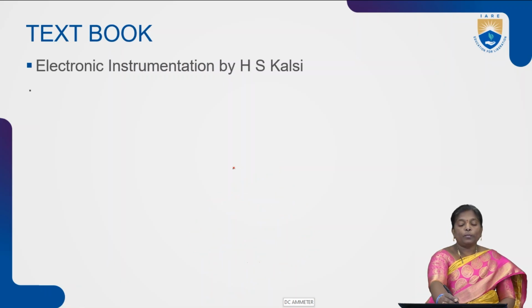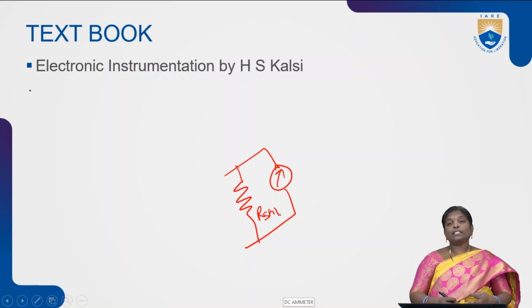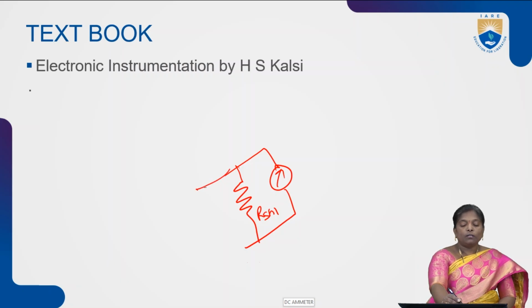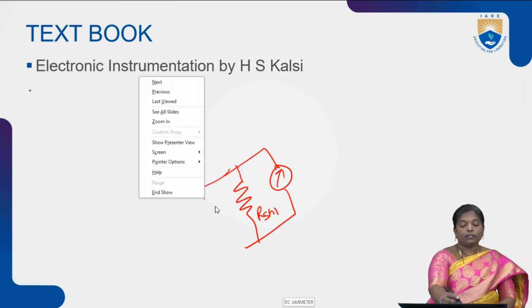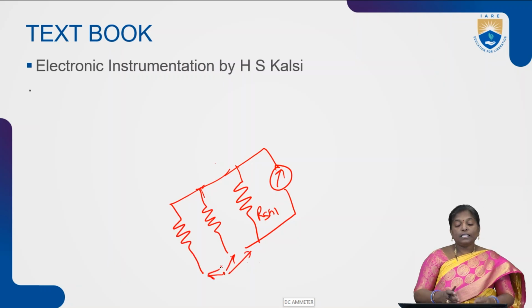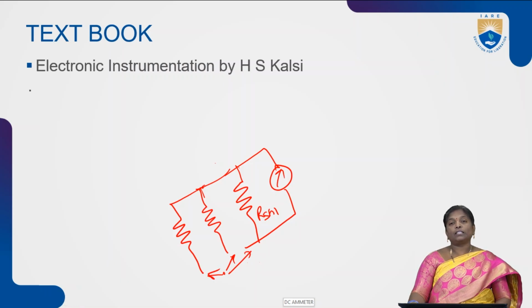So, if you want to measure a single current, we need to connect only one resistance, in parallel with the meter movement. If you want to measure different current readings, then we have to connect more resistances in parallel with each other, and each resistance is in parallel with another resistance.